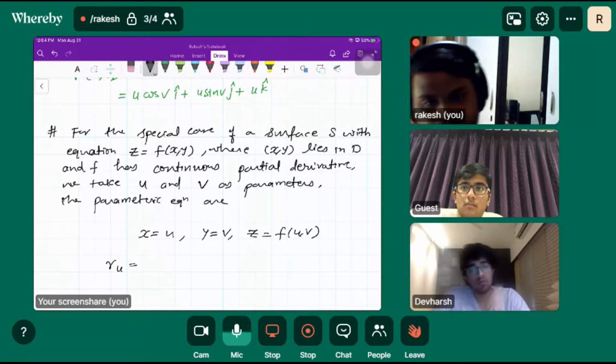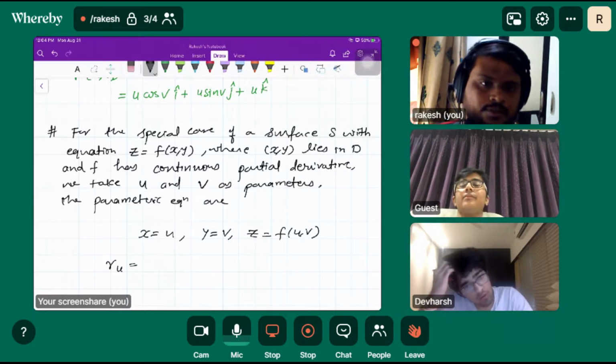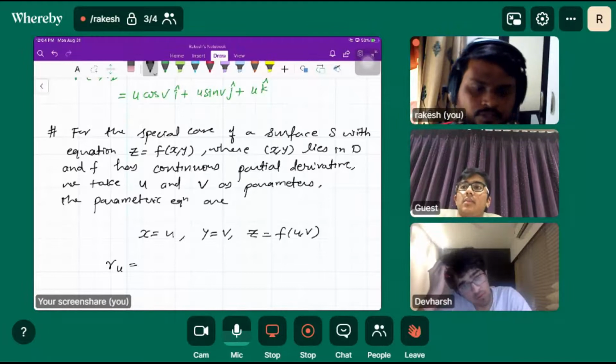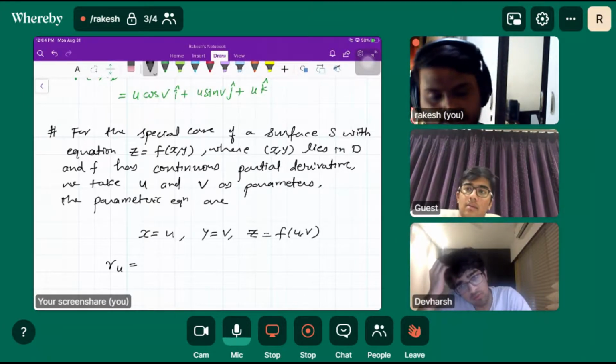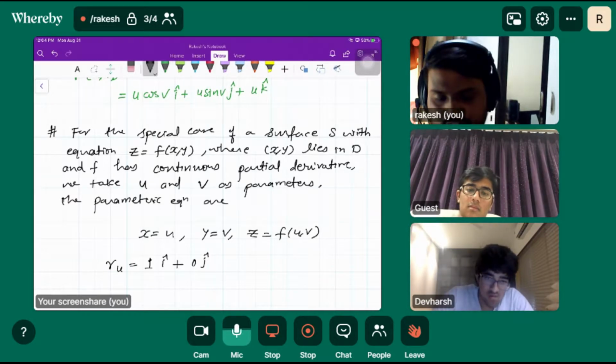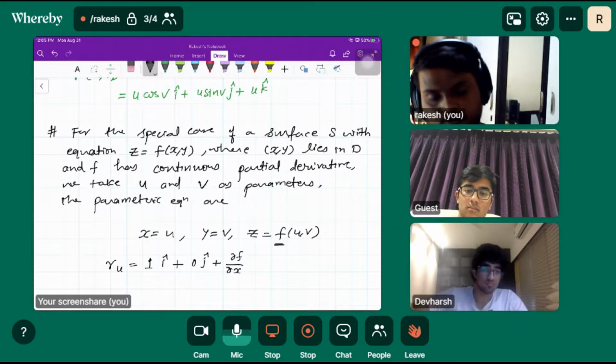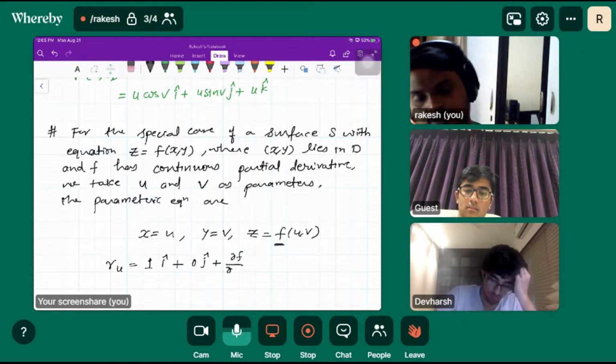r_u is the partial derivative of x with respect to u, i cap. That would be just 1 i cap, plus the partial derivative of y with respect to u, that's 0 j cap, plus the partial derivative of f with respect to u, k cap.